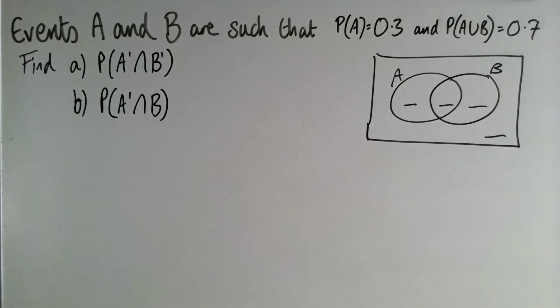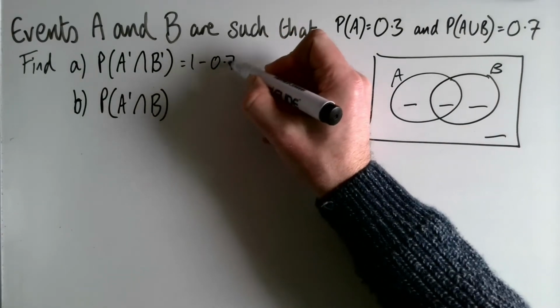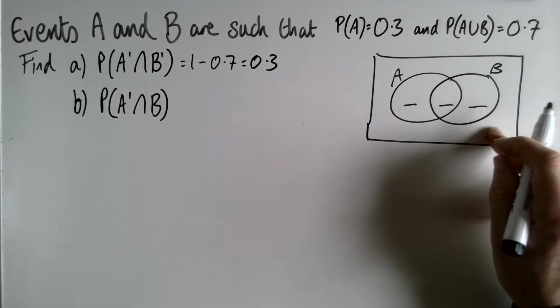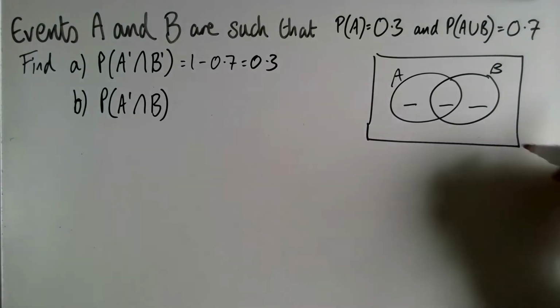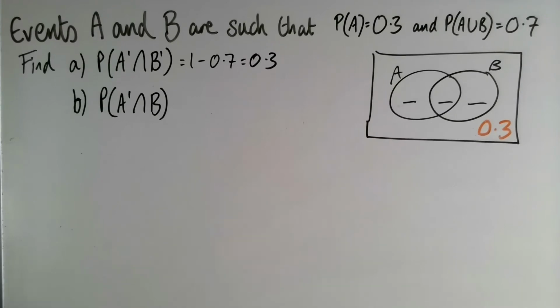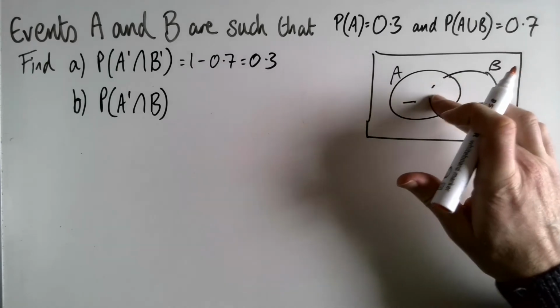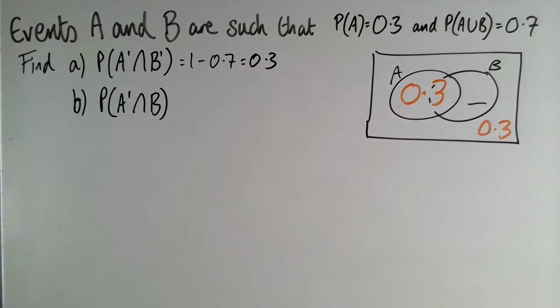Now there are only 4 different possibilities, and they've all got to add up to 1. So all you need to do is take the 0.7 away from 1, and that gives you 0.3, which is the first probability which we can write for certain inside there.